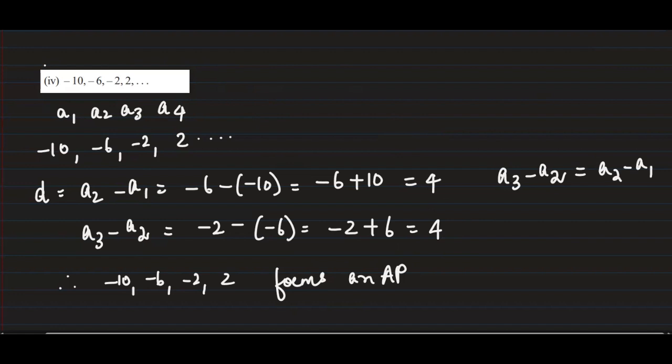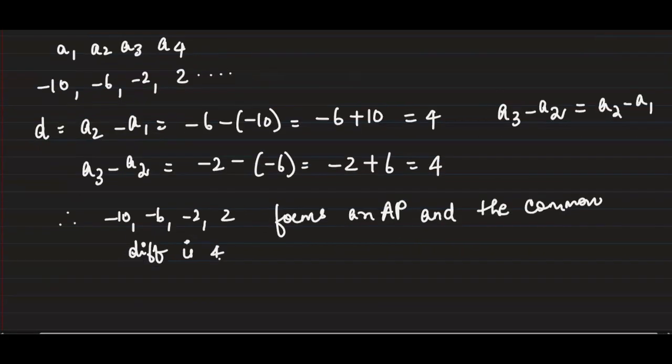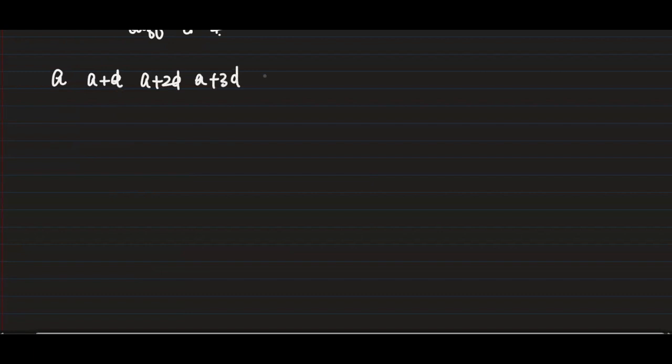Okay, forms an AP, and the common difference is 4. Okay, now we'll find the next three terms of this one. So here a is minus 10. So a, the general form will be a plus d, a plus 2d, a plus 3d, a plus 4d, then a plus 5d, a plus 6d, and so on.